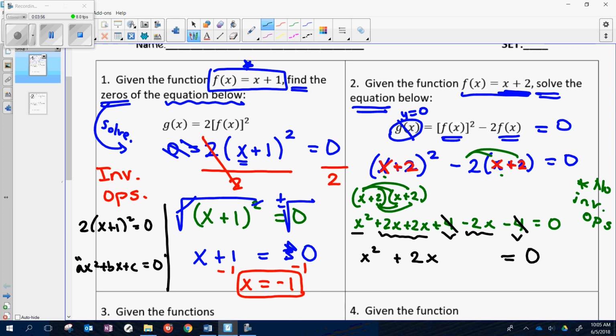So to solve this, I could pretend like it's ax squared plus bx plus c, but the c is a 0. Or I could think factoring, and this has a GCF, so I'm going to take out an x. Okay, so I'm going to divide out an x, in other words, GCF. That leaves me with x plus 2, and then I can set my factors equal to 0.